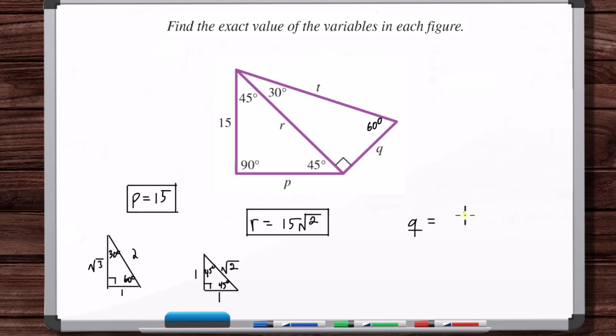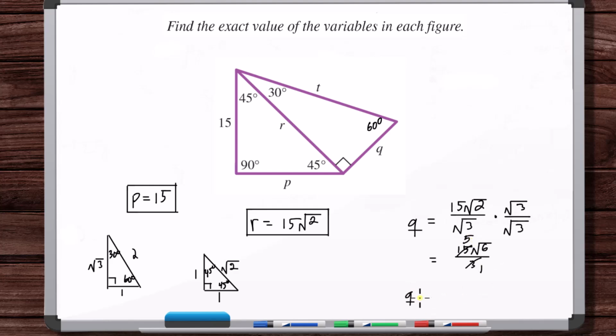So 15 root 2 divided by root 3 times root 3 over root 3 is 15 root 6 over 3.